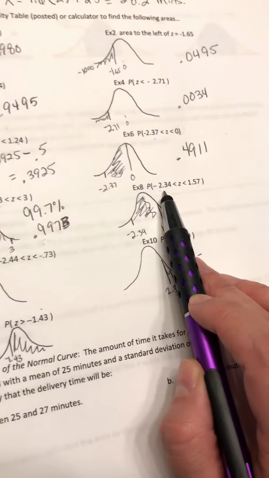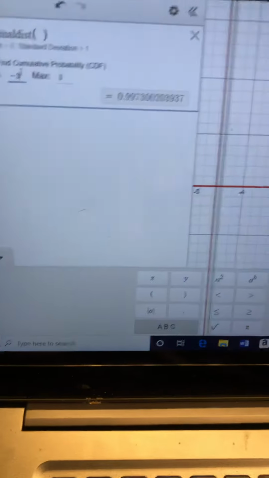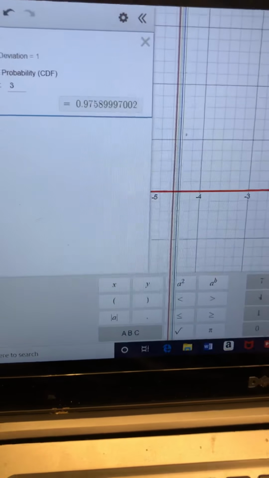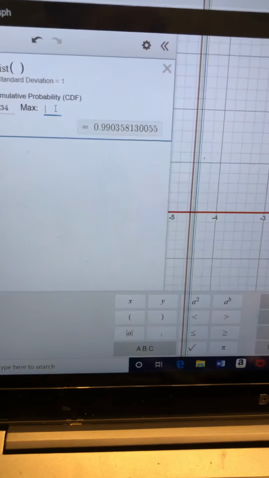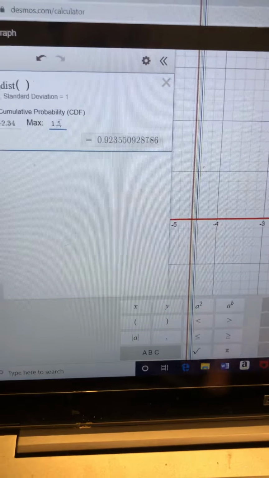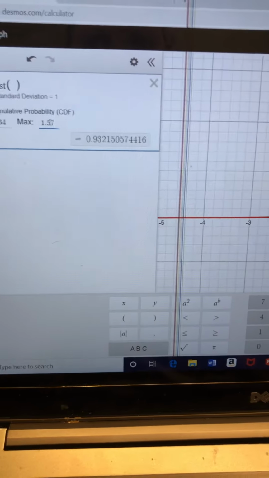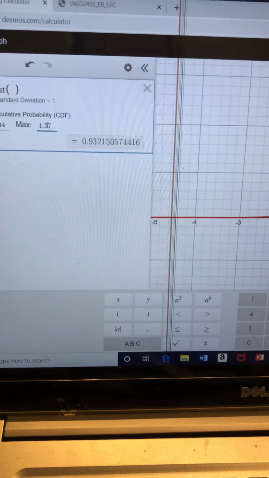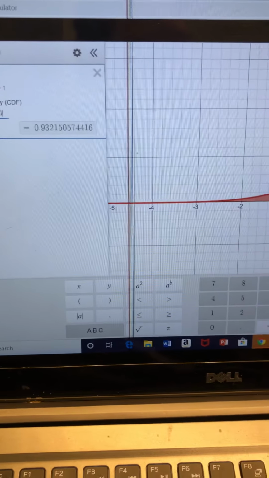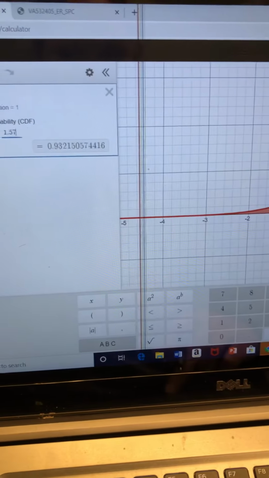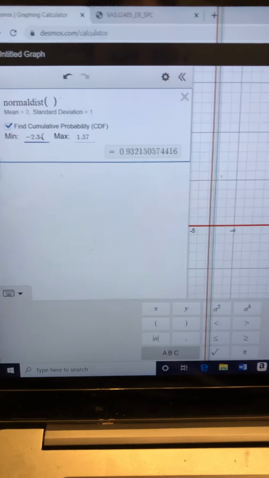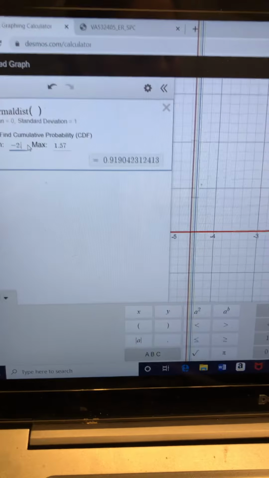For the next one, we have negative 2.34 and 1.57. So again, I'm going to change this. And remember, if you want to use the chart, that's fine. You just need to subtract the bigger one minus the smaller one. So you get 0.9322. And then for the last one that's between, on the calculator you do the same thing, you're just changing your mins and your maxes.